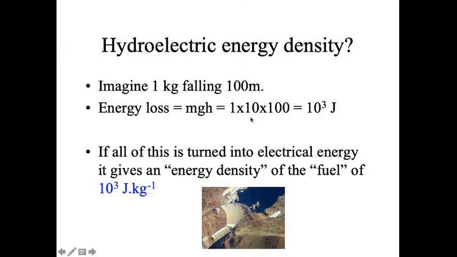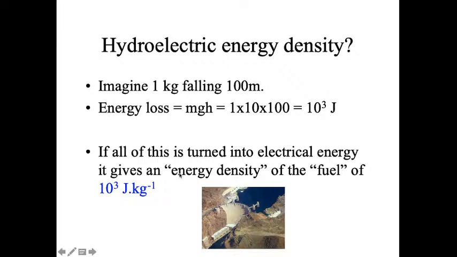Gravity, IB likes to approximate as 10, so close enough for us. And the height, 100 meters, we get 1,000 joules. No, that is 10,000. 10 to the 3. And that would be if it was 100% efficient, right?